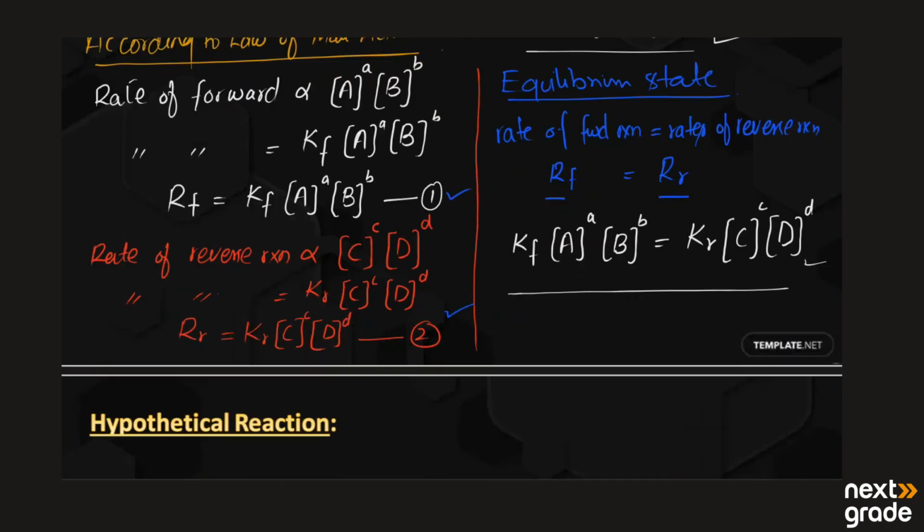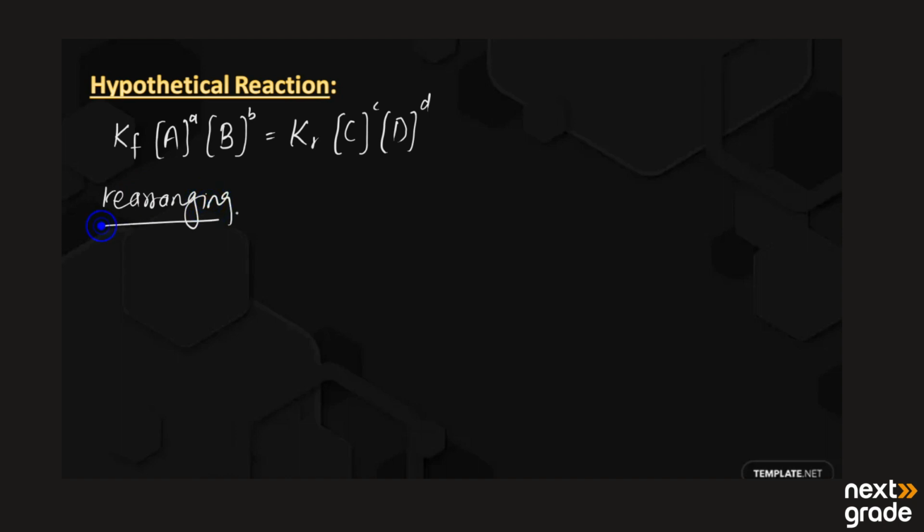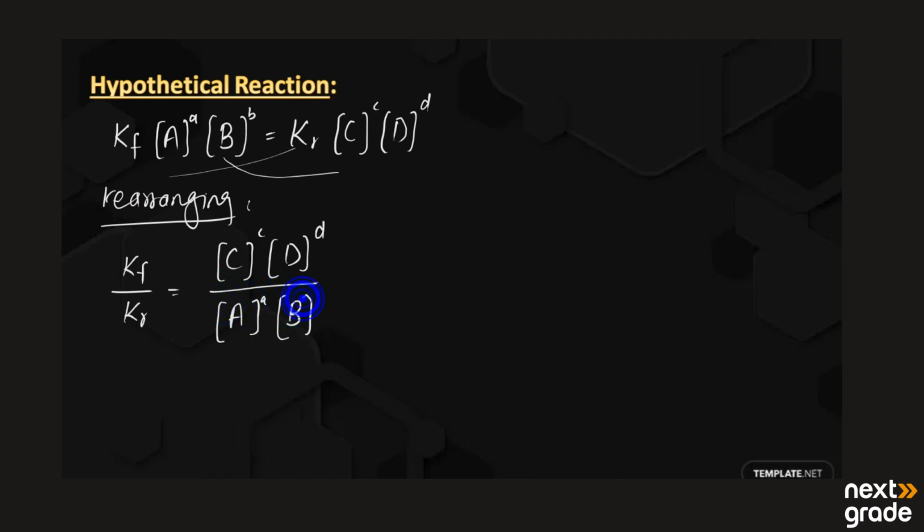Now by rearranging this equation for the hypothetical reaction, we get Kf over Kr is equal to [C]^c [D]^d over [A]^a [B]^b, moving the concentrations to one side and the proportionality constants to the other.